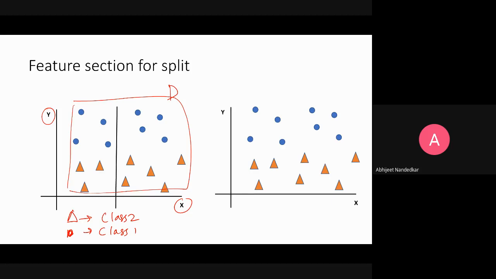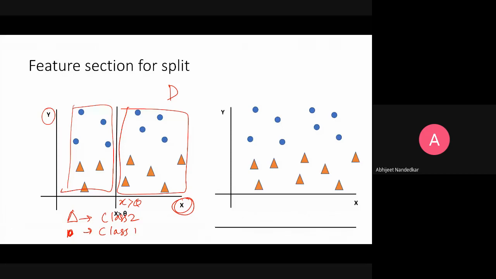Then if I decide that I will use feature X, and I take this threshold theta, that if X is greater than theta, then it belongs to one class, and this belongs to one data subset and this belongs to another data subset.